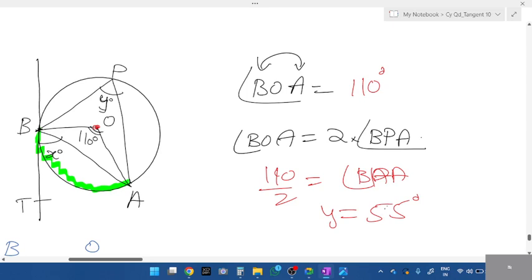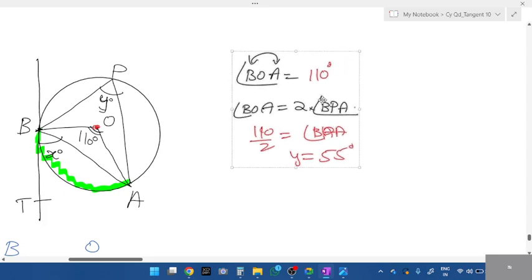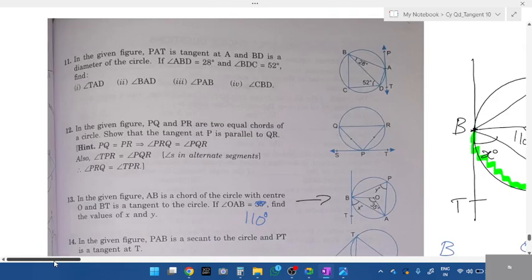It is greater, 110. And even x, it has to touch this radius.